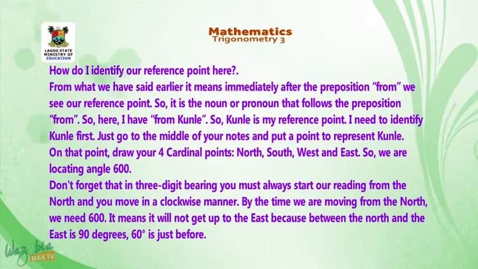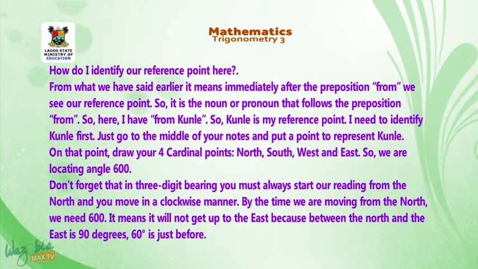So we are locating angle 60 degrees. Don't forget that in 3-digit bearing, you must always start our reading from the north, and you move in a clockwise manner. By the time we are moving from the north, we need 60 degrees. It means it will not get up to the east, because between the north and the east is 90 degrees.